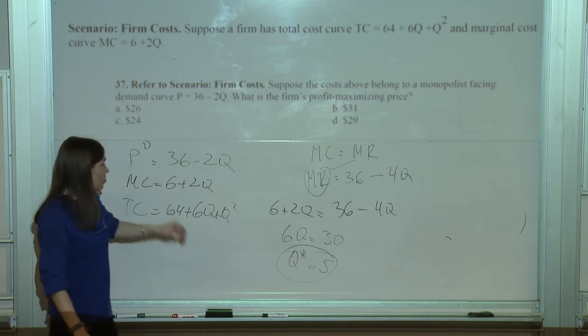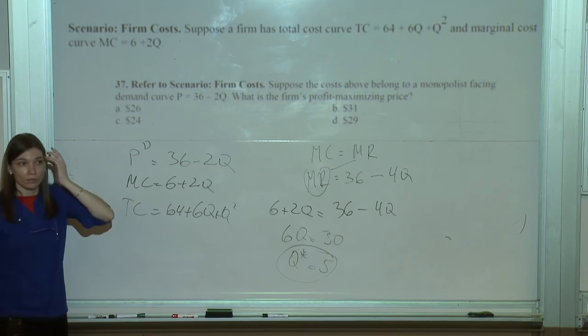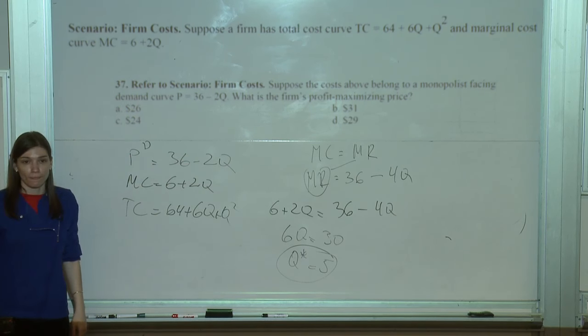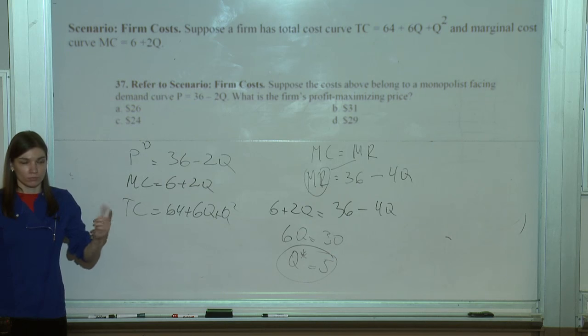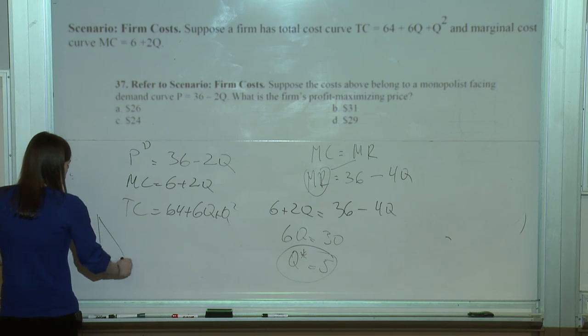Okay. Now how do I find the profit maximizing price? Plug it in where? Marginal revenue, MC, those are some of the answers. It's B, right? Remember the graph. This is marginal cost, this is the demand curve, and this is marginal revenue.